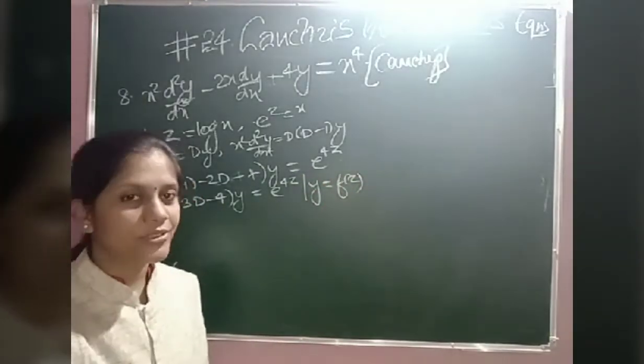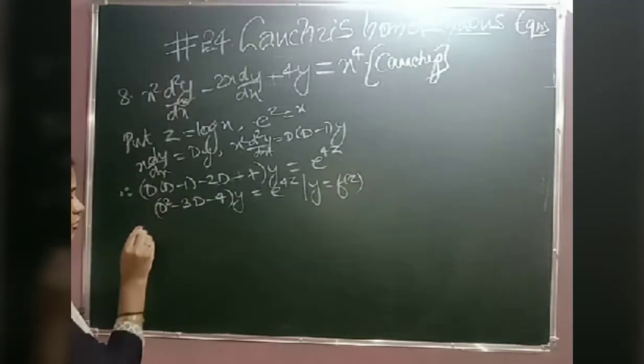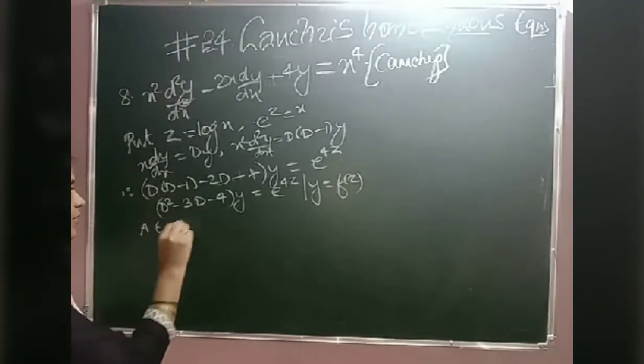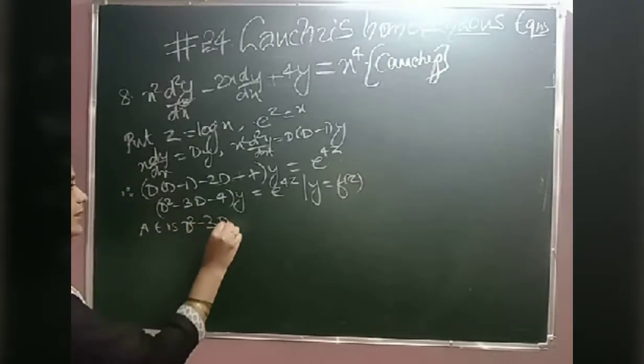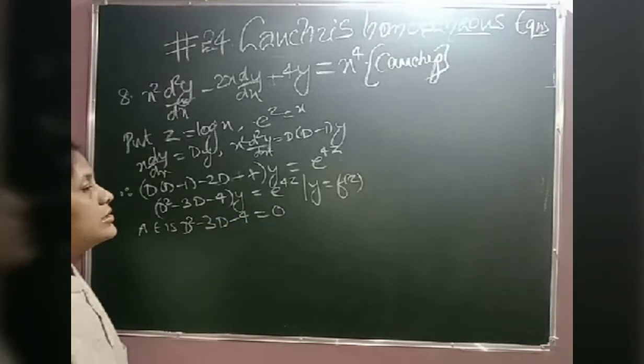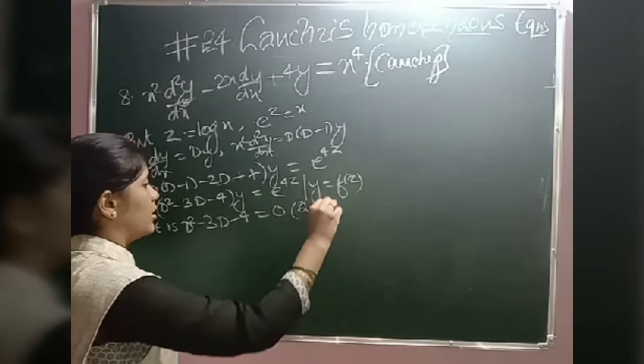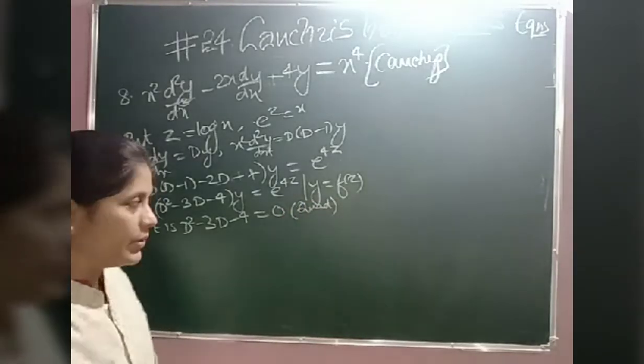So this is nothing but y as a function of z. Let us find complete solution for this. CF, let us find CF first. Auxiliary equation is D square minus 3D minus 4 equal to 0. So this is a quadratic equation which cannot be solved by factor method.